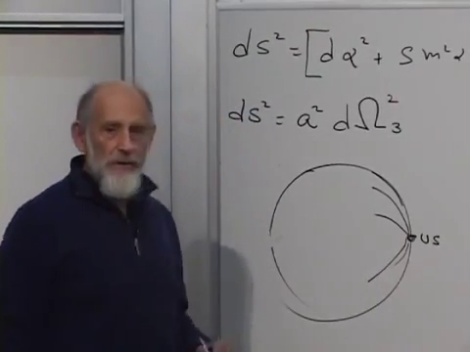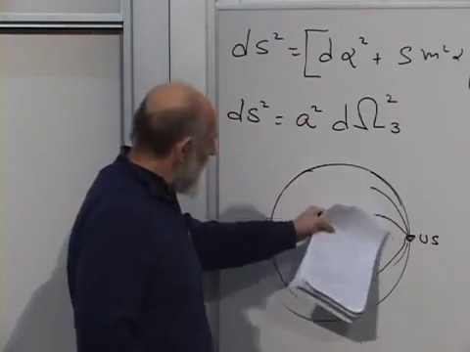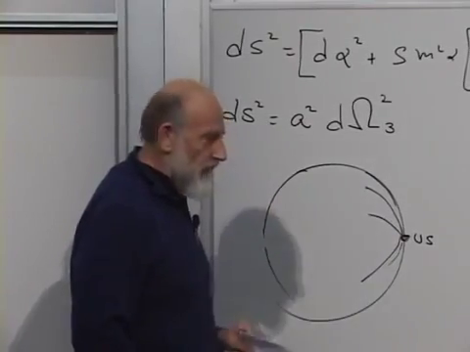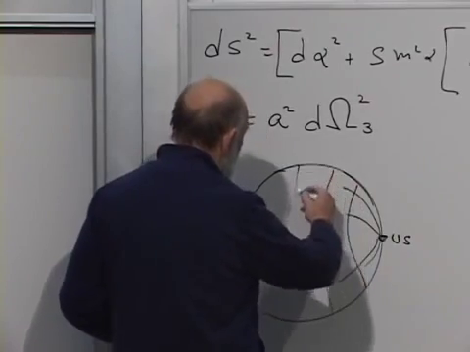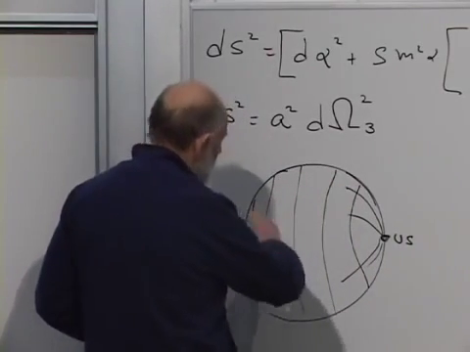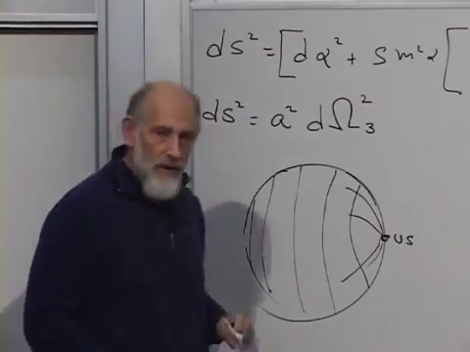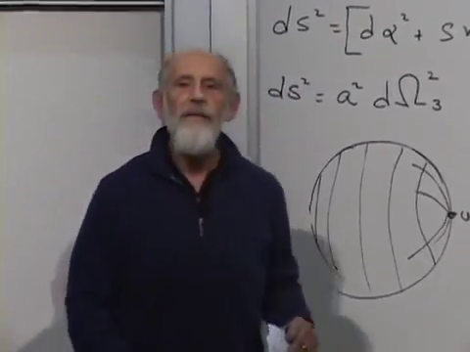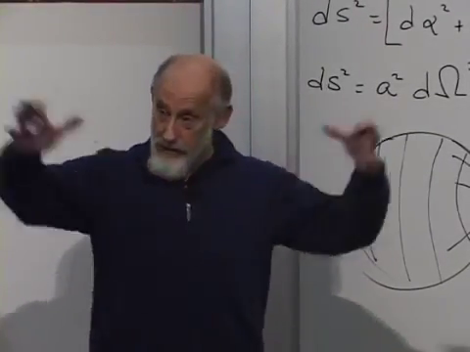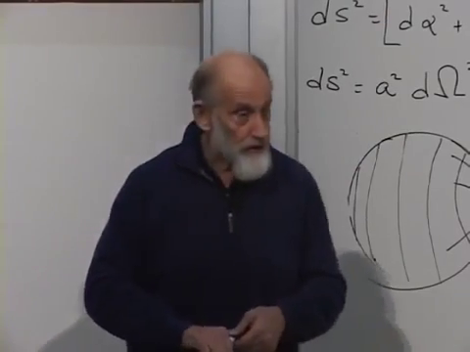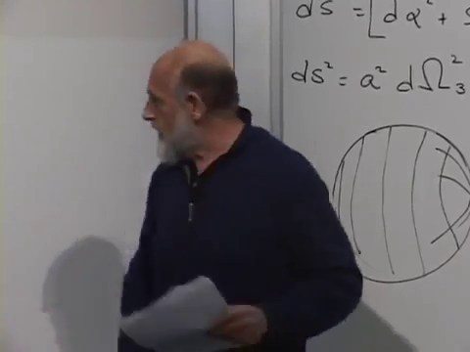It's not the radial distance measured in kilometers or any other units, but it's a dimensionless measure on the unit sphere. And it can sort of be thought of as radial distance. Here are lines of fixed radial distance from us. So alpha can be thought of, and it's useful to think of it as distance from us, or a coordinate which represents the radial coordinate away from us in space. Okay, so here we are.